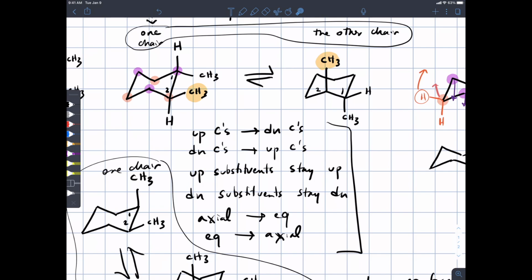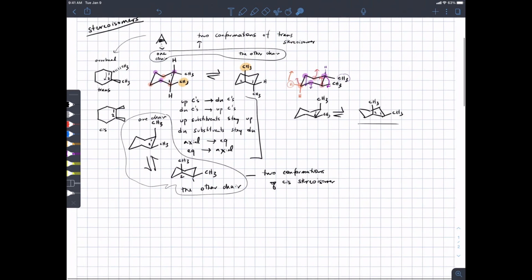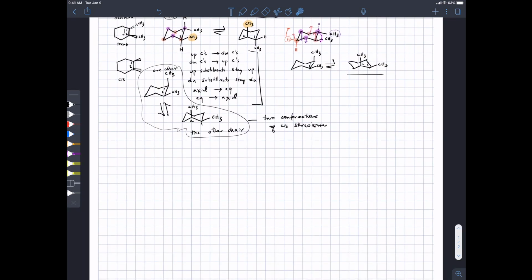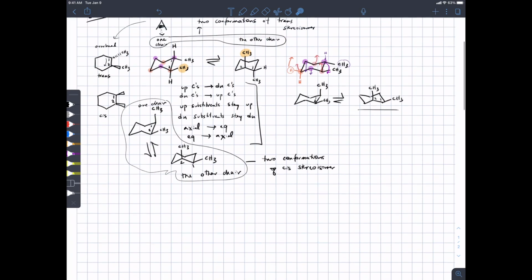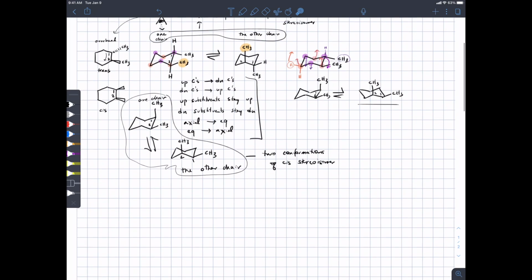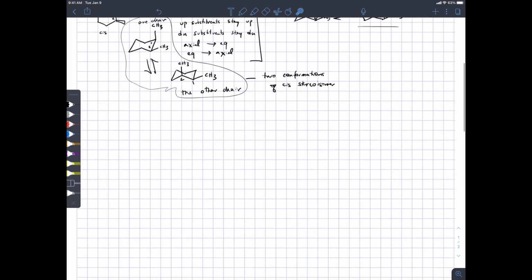Okay, so we were going to talk about stability. Jake, at home, you're noting that an equatorial position is more stable because there's steric crowding in the axial position, and that's true. So let's take a step back before we worry about which of these two chair conformations is lower in energy.